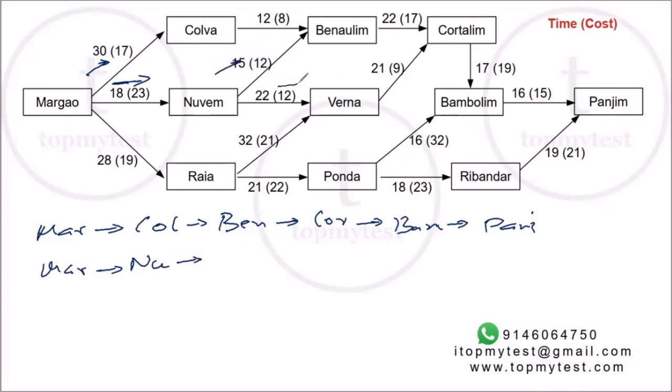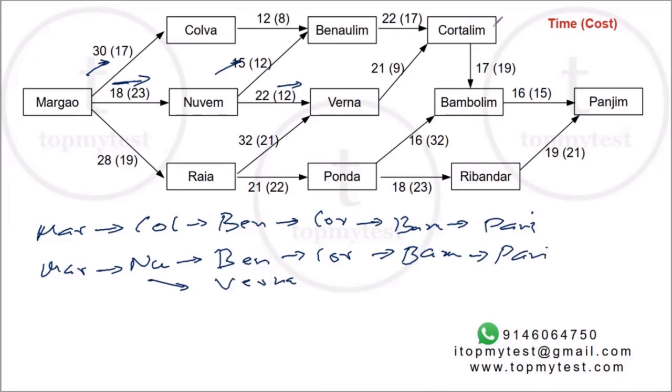So you can have Benoli or Verna. Let's try Benoli. Now from Benoli everything is constant: to Kurtali to Bamboli to Panjim. The other way to do it is from Nuve, you can go to Verna. Now from Verna, the only way out is Kurtali, then Bamboli, and then Panjim.